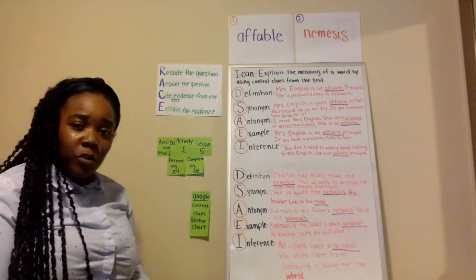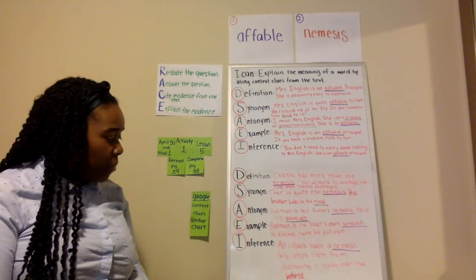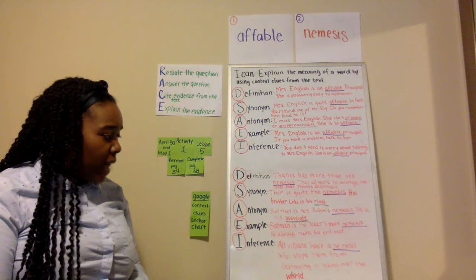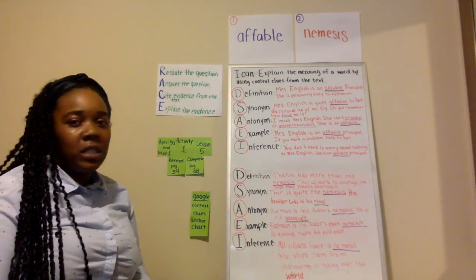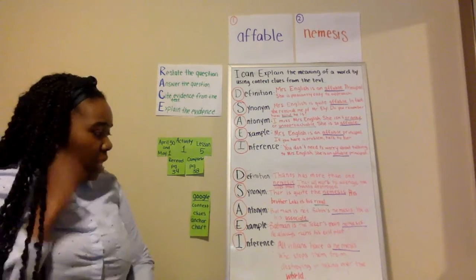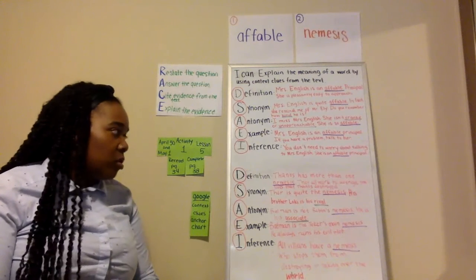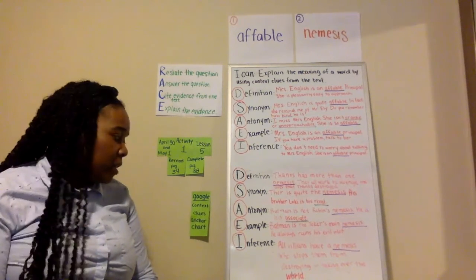But I have to use my prior knowledge, and I understand based on what I know that if a villain has a nemesis and the villain is the bad person, then the nemesis has to be the person who comes in and saves the day.